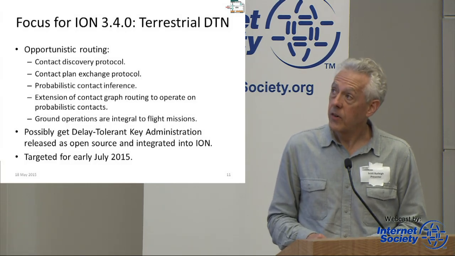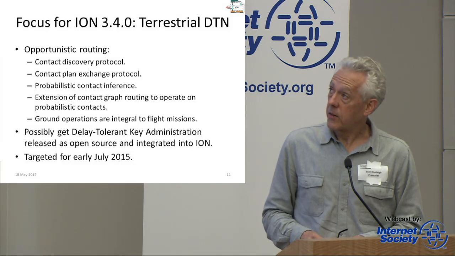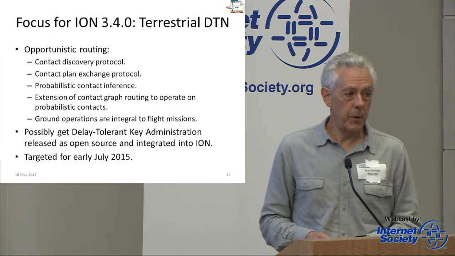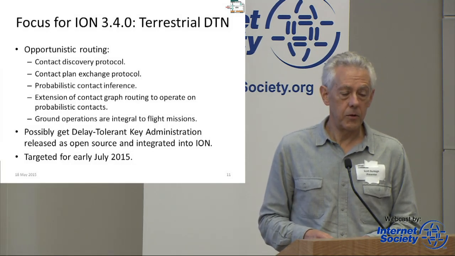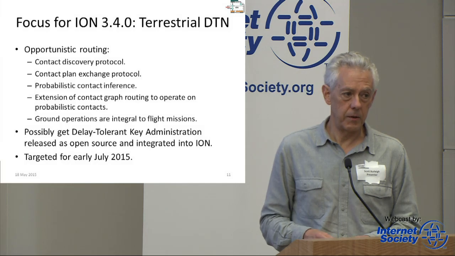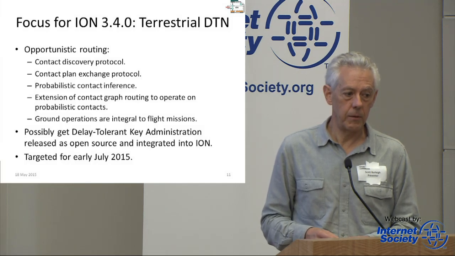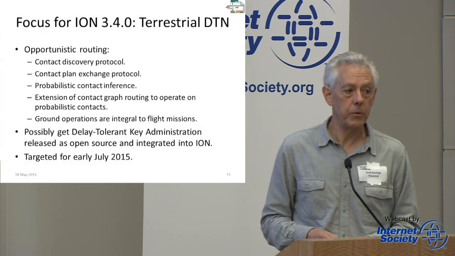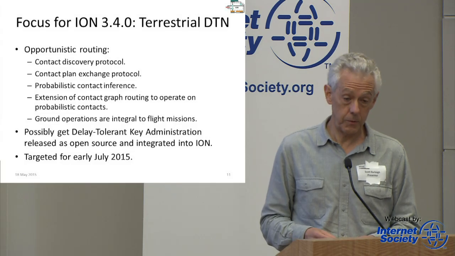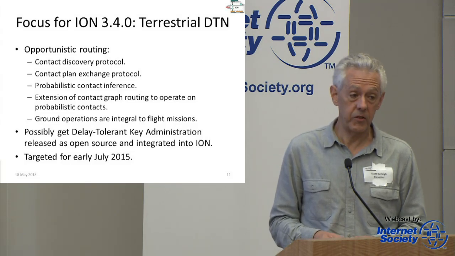So that includes an implementation of the contact discovery protocol that's being done by the TopCoder community, and there's actually been an almost complete implementation of that done now that looks like pretty good code, the little I've seen of it so far.